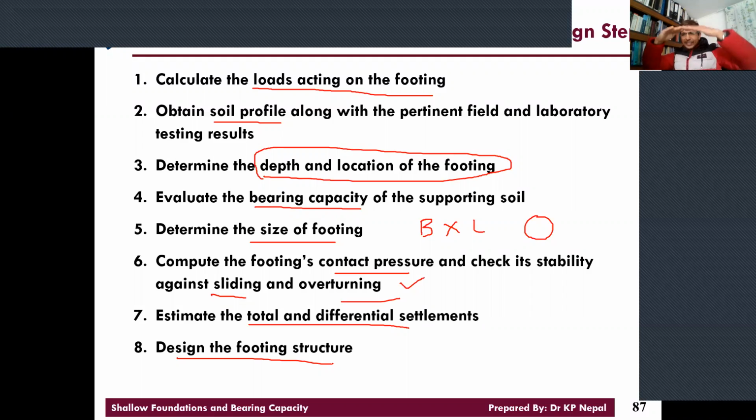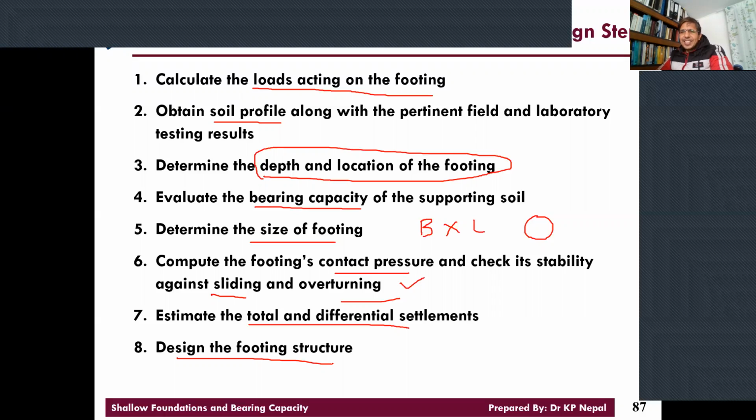And then you calculate the settlement, and the allowable settlement for mat foundation is a little bit more, but for spread footing and shallow foundation, about 25 millimeter is usually considered. But you need to check the code of that country where you are designing. They have the code, okay? Your settlement should be within this limit, okay? So you need to make sure you do that.